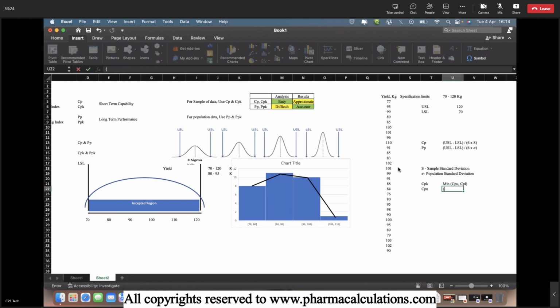CPU is the upper specification limit minus the sample mean divided by 3 times the sample standard deviation, and CPL is the sample mean minus the lower specification limit divided by 3 times the sample standard deviation. Here small x means the sample mean. Similarly, PPK is the minimum of PPU and PPL.